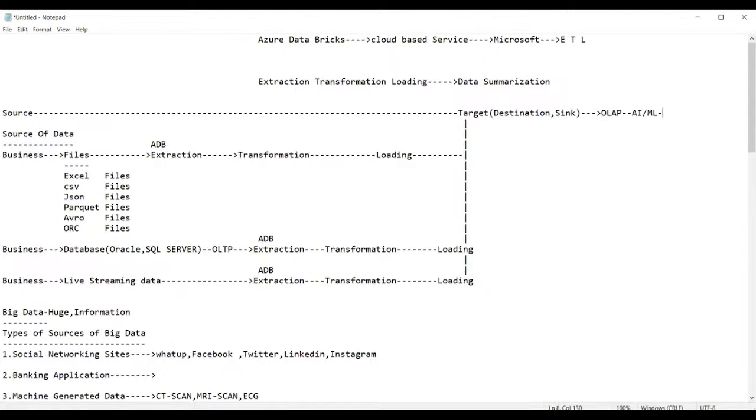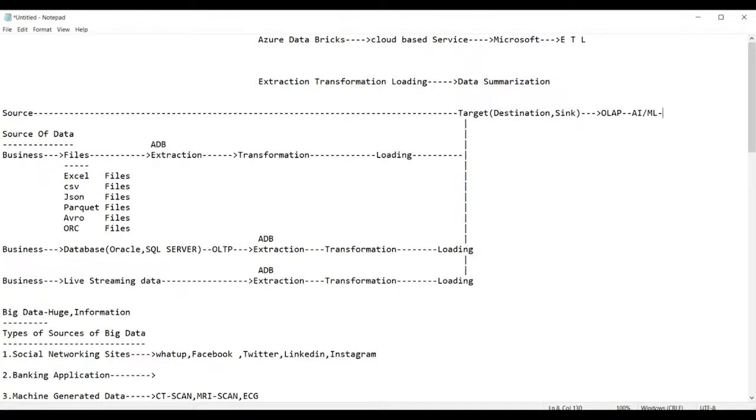Sir, I just wanted to know, are ADF and ADB enough to crack a job in the current market scenario? More than enough. Particularly in this course, we are covering Synapse. We are covering integration with Snowflake, and integration with Amazon Web Services, and various other things. So you need not worry, you can do it very well.